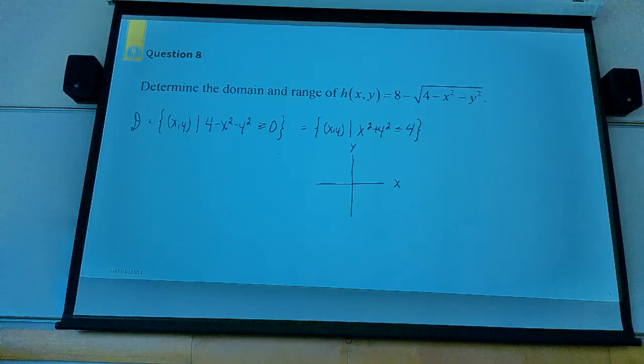It's the first quadrant. Would it be opening down from 4? Or, no.